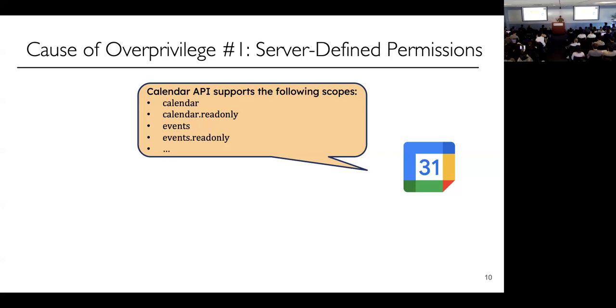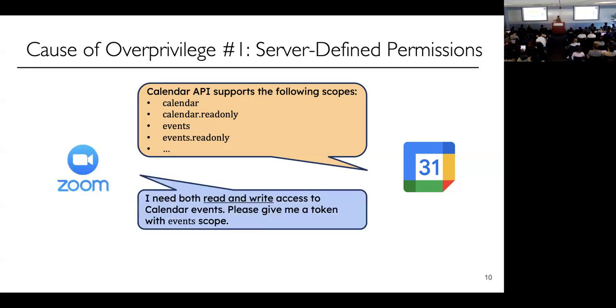They come up with some kind of mapping between scopes and APIs, and they say, this is our permission system, and that's it. Then the client developer comes and says, I need read and write permissions to calendar events. Please give me a token with this event scope. The client developer looks at what Google is providing in terms of permissions, and they try to find a best match for what they're looking for.